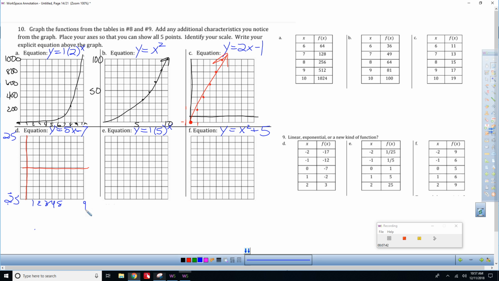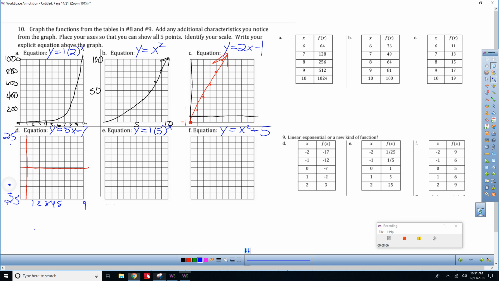All right, let's put our points on there. So -2, 17. Whoops. -2 up 17. It'll be somewhere around here. Okay. -1. Sorry, -2, -17. Carson, my fault. -2, -17.